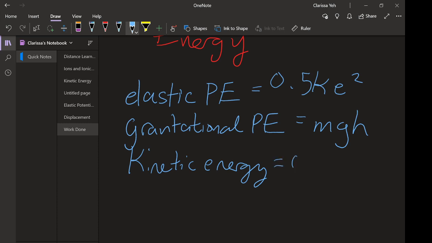And kinetic energy was equal to 0.5 mv squared, which is 0.5 times the mass of the object times its speed squared.